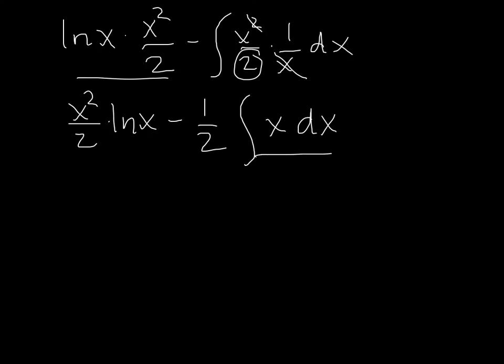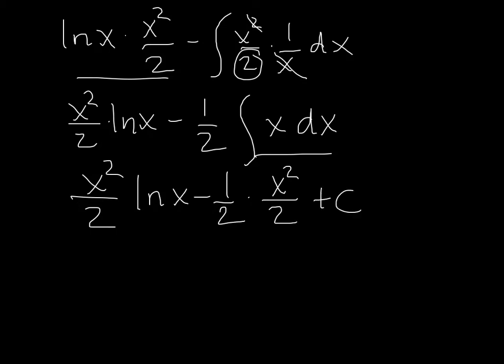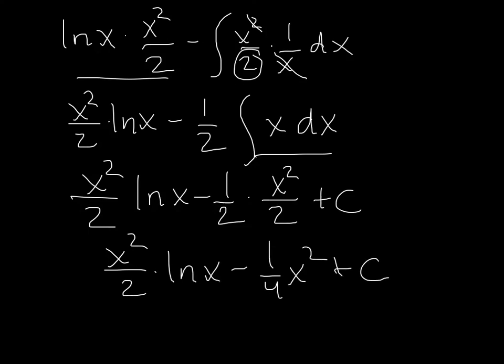Now I can integrate this, rewriting the rest: x squared over 2 times ln of x minus 1/2 times x squared over 2 plus c. Simplify it all: x squared over 2 times ln of x minus 1/4 x squared plus c.